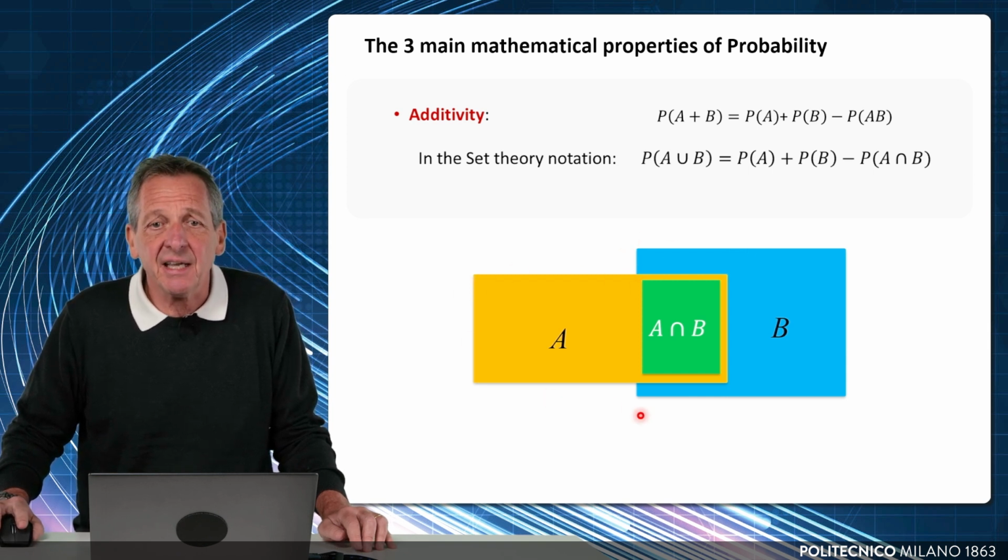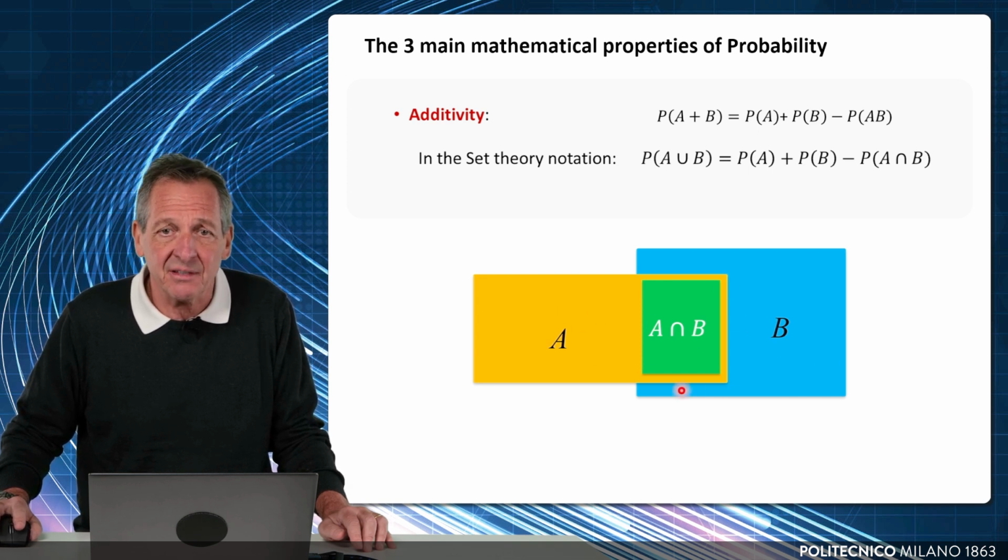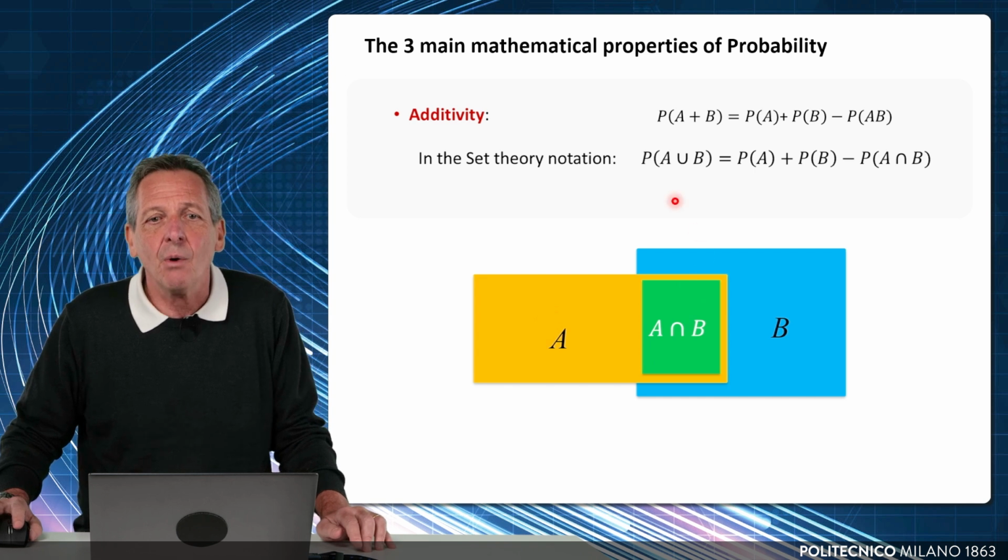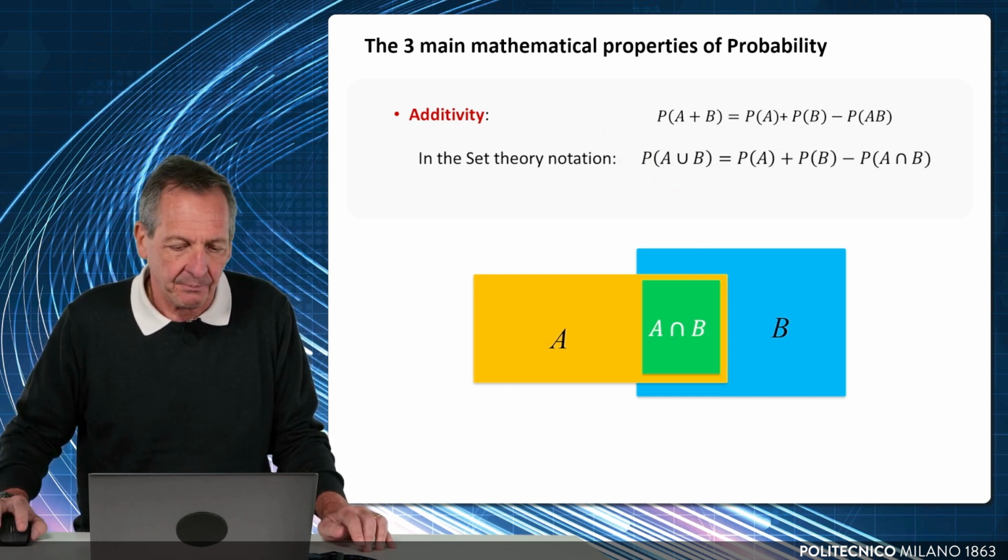Of course, the area is the sum of the two areas of the rectangles minus the intersection, the green rectangle. So this explains quite well the formula we have written before.